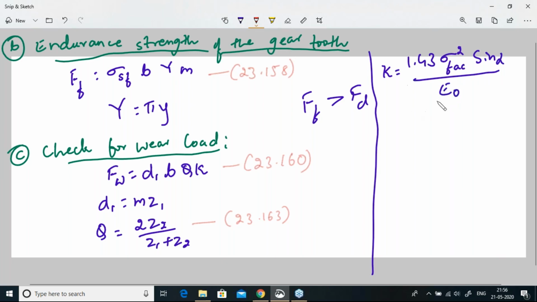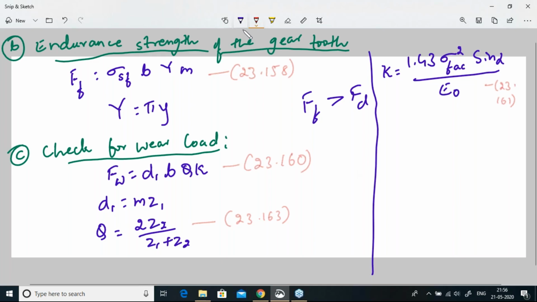So this equation number is 23.161. So here alpha is nothing but the system of gear, that is either 14.5 degree or 20 degree full depth or 20 degree stub. So for 20 degree full depth or 20 degree stub, it is alpha is equals to 20 degree only. Whereas if it is 14.5 degree, we have to substitute it as 14.5 degree.